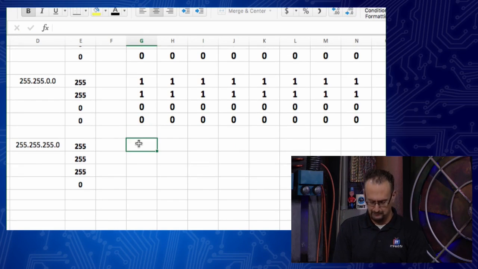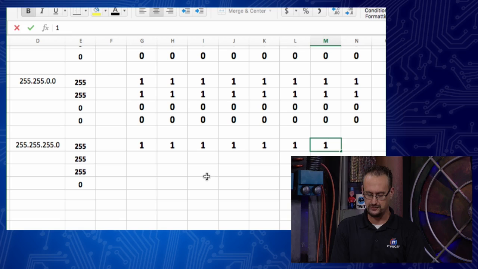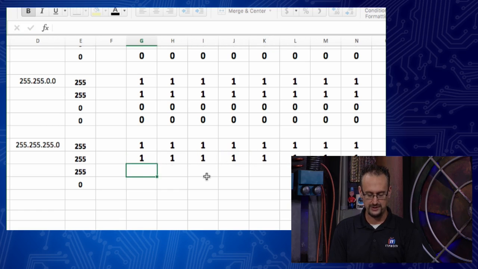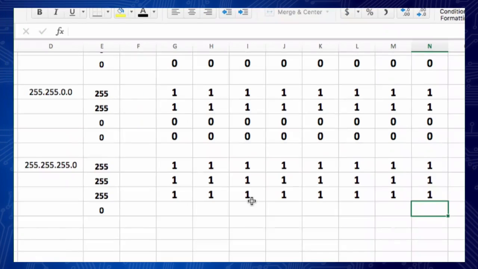Same thing goes here. If you will, for the last set, right, we can do the same thing here. And if you'll notice, we now have 255.255.255.0. Notice that we now have contiguous 1 bits in the first 3 octets. And the last octet, of course, being all 0s, right?